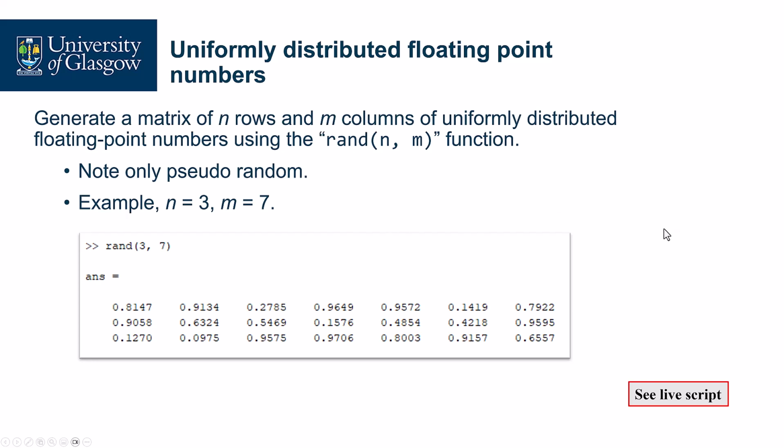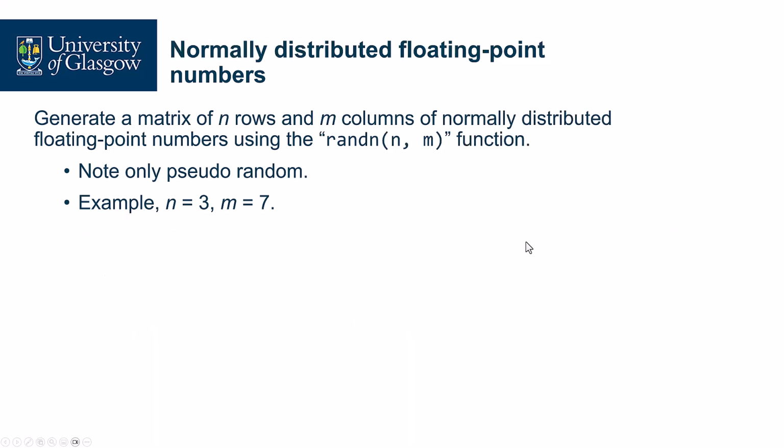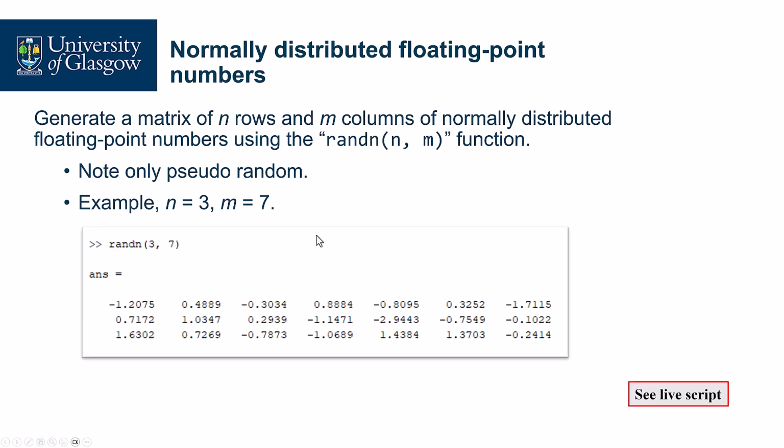Now if we don't want to generate uniformly distributed random numbers, but Gaussian or normally distributed random numbers, we use randn. So we can see this example, randn 3, 7. We generate a 3 by 7 random matrix, right?